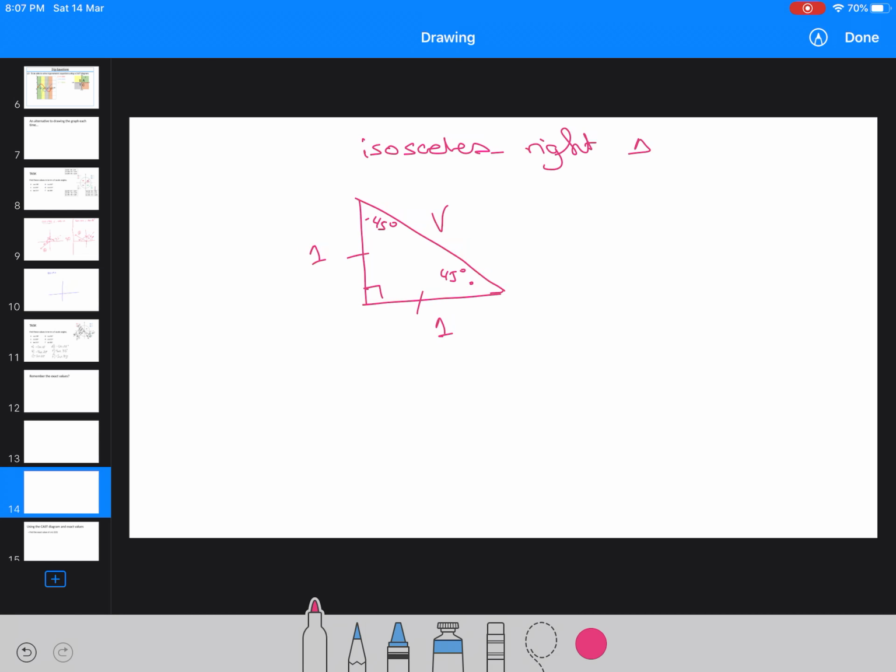If this side is 1, then definitely the second will be 1, and so the hypotenuse by Pythagorean theorem will be square root of 2. Then sine 45 will be equal to cosine 45, which is radical 2 over 2 after rationalizing the denominator. And tan 45 will be equal to 1, since sine and cosine have exactly the same value, so when you divide them you get 1.